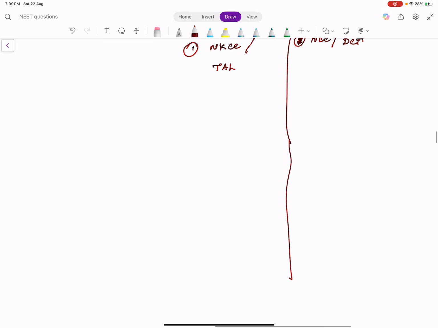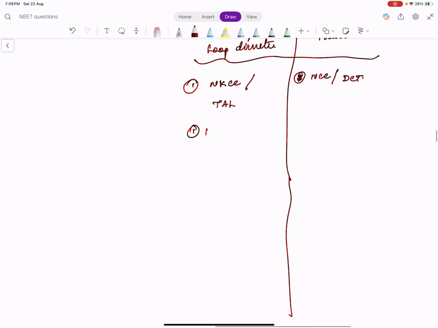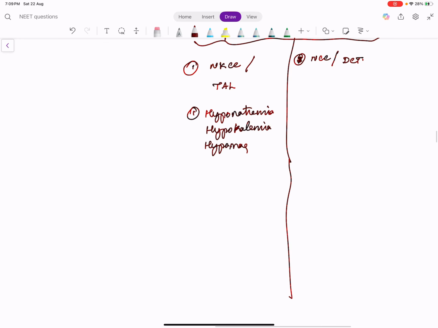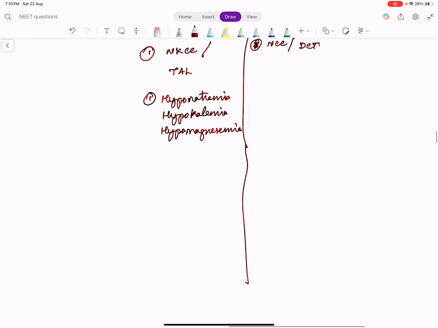So there will be hyponatremia, hypokalemia, hypomagnesemia, this is common for both.